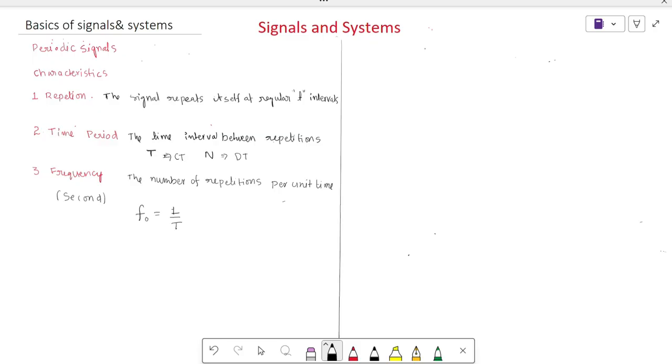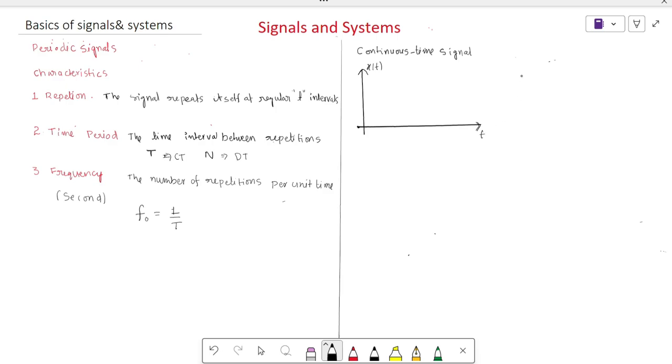For example, in continuous time signal, for example, I'm taking one continuous time signal x of t, x axis in t.